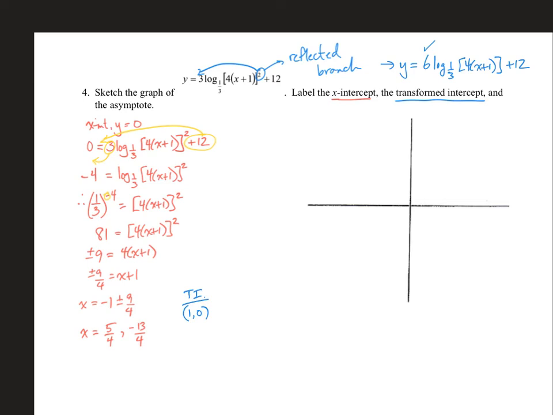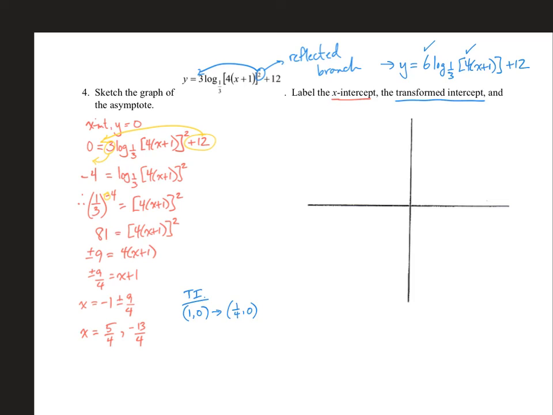Well, that's going to have no change on a point that's on the x-axis. I'm going to have a horizontal stretch by a factor of 1/4. That is going to change. That transformed intercept is then going to get transformed to 1/4, 0. And now I can go through and I can shift my points.